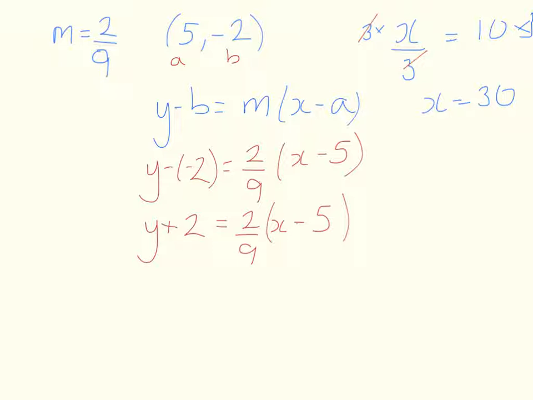So I can multiply the right hand side by 9, and I can multiply the left hand side by 9. By doing so, it allows me to write my equation in the form 9y, 9 2's are 18, so 9y plus 18 equals, these 9's would cancel away, so I'll just have 2x minus 5.